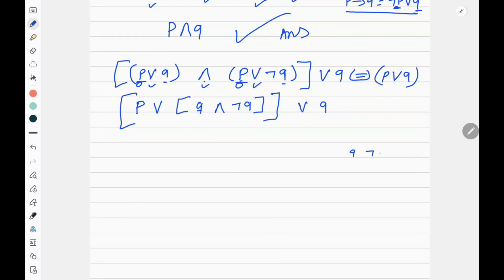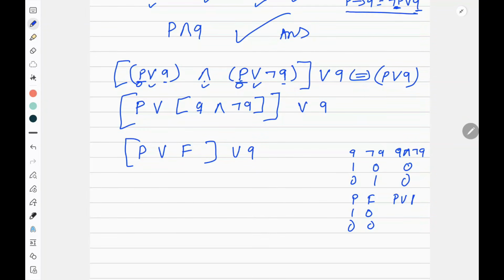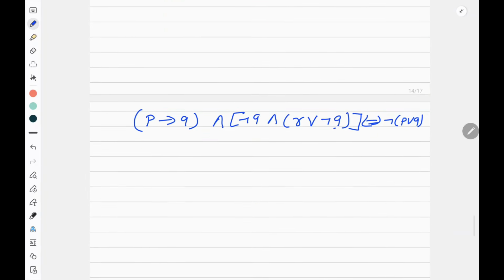Now if you have Q and negation of Q, 1 0, 0 1, and I am taking AND, then what will we have? 0 0. So it is F. Okay, and if you have any proposition 1 0 and you have F, 0 0, their OR will be what? This is 1 0. That is the same proposition. So I have P or Q and I am done. Right? Let's move to the next question.